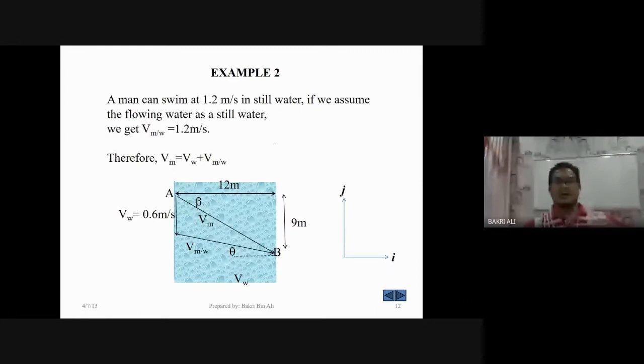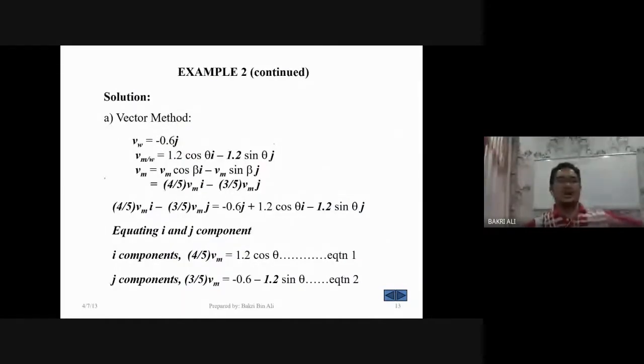Cos beta is adjacent over hypotenuse, 12 over H, and we can find H by using the Pythagorean theorem. So in this case, cos beta equals 4 over 5. If we look at the ratio, 12 and 9 is also equal to 4 and 3, with hypotenuse 5.